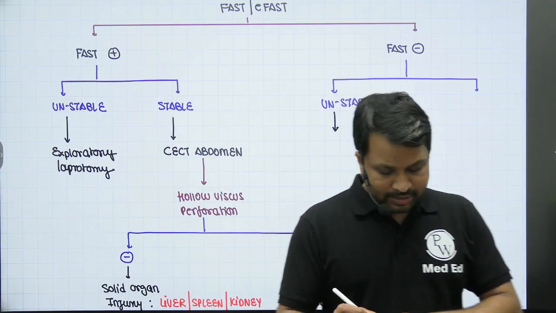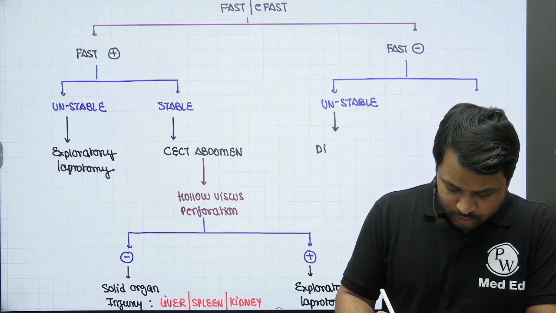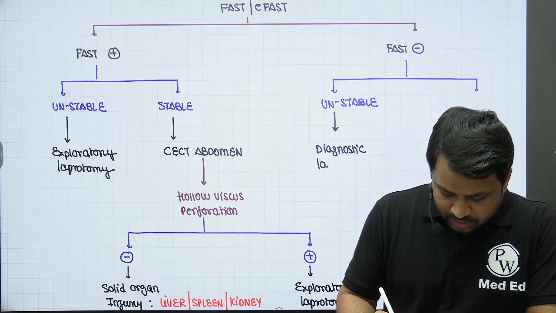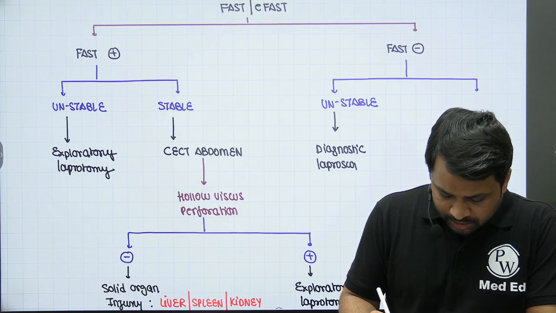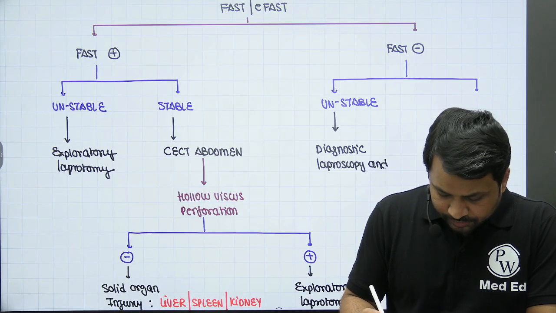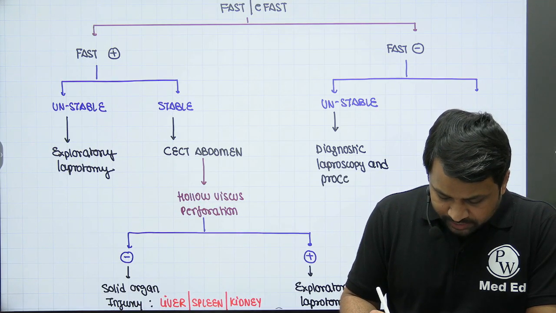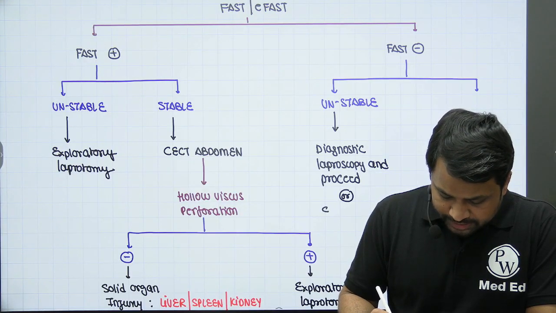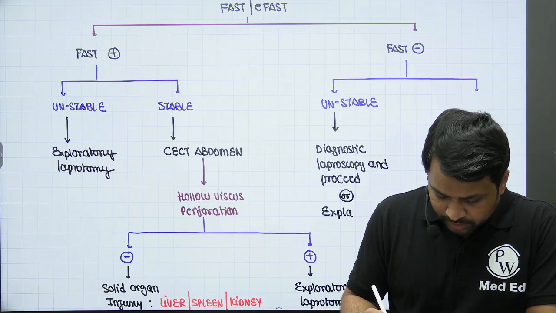So here it is going to be diagnostic laparoscopy and proceed. This is one option that we have, right? The option number 2 is to take the patient for exploratory laparotomy.